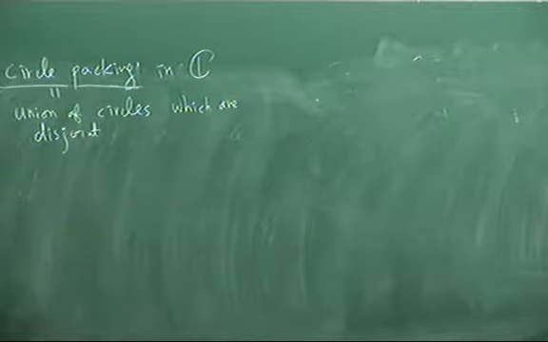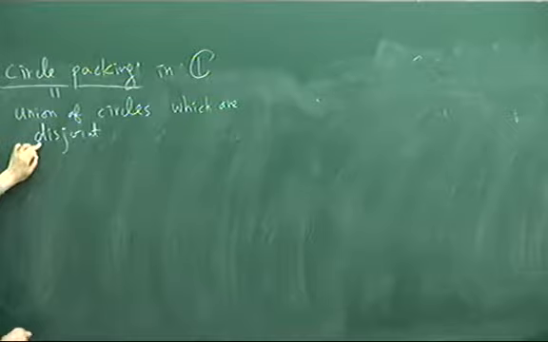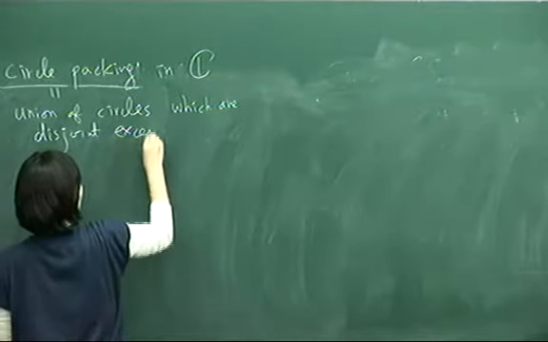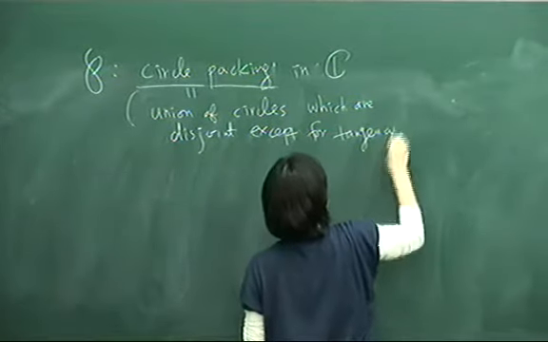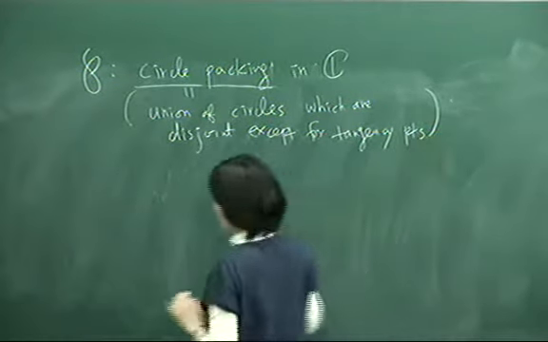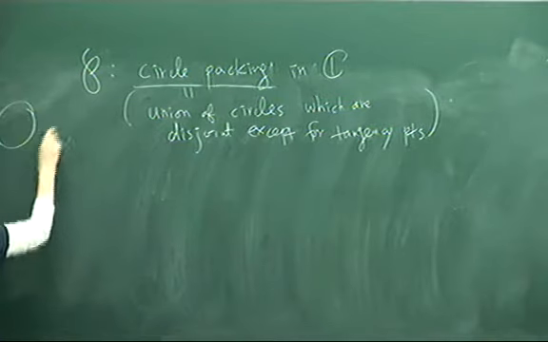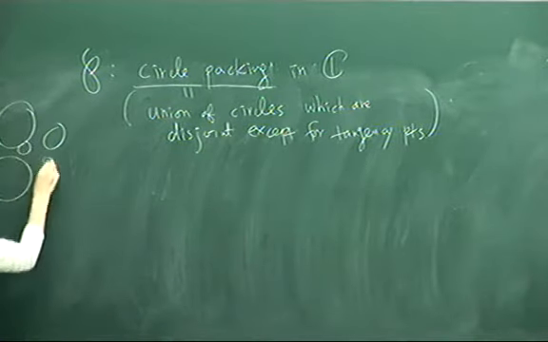So they are disjoint except for tangent points. So a union of circles which are disjoint except for tangent points.